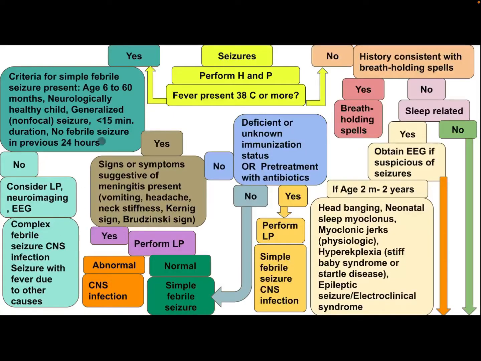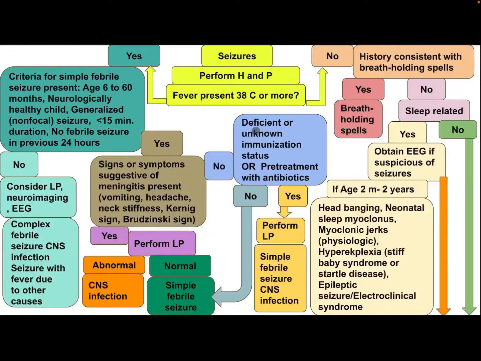If it is yes, are there signs or symptoms suggestive of meningitis present, like vomiting, headache, neck stiffness, Kernig sign, and Brudzinski sign? If it is yes, perform lumbar puncture. If it is abnormal, this is infection. If it is normal, this is simple febrile seizure. If the patient has no sign of meningitis and has all the criteria of febrile seizure, this is of course simple febrile seizure.